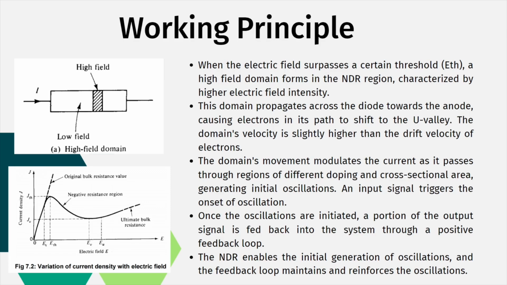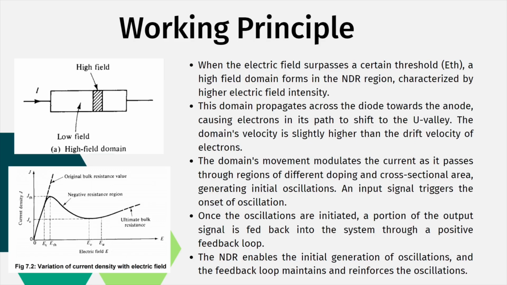To make it simple, the Gunn diode will first create a negative differential resistance region, which is the region that surpasses the threshold value of the electric field. This region will then create a domain, and this domain will propagate throughout the diode.